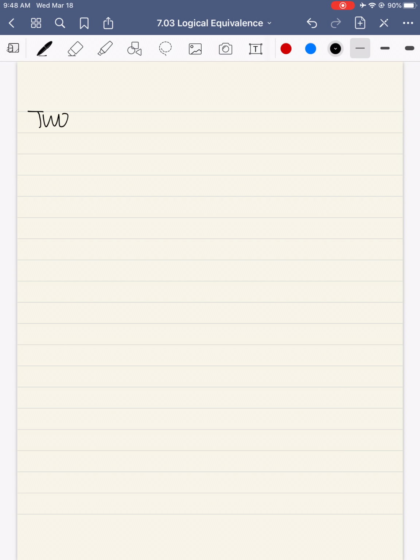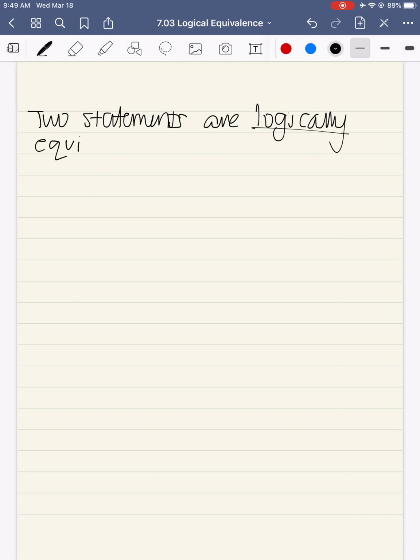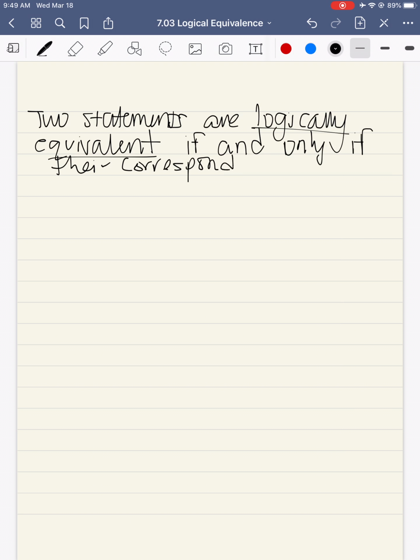So two statements are logically equivalent if and only if, so this is a biconditional statement, their corresponding columns on their truth tables are identical.